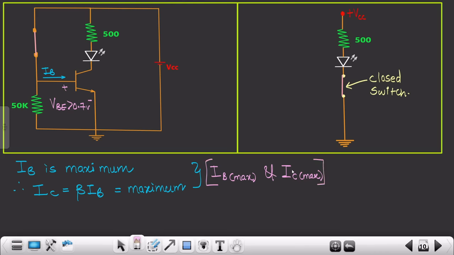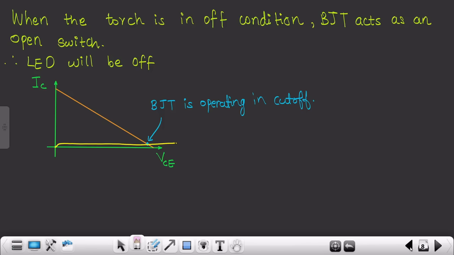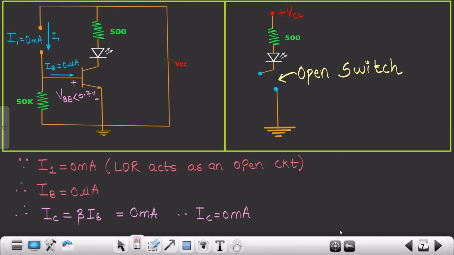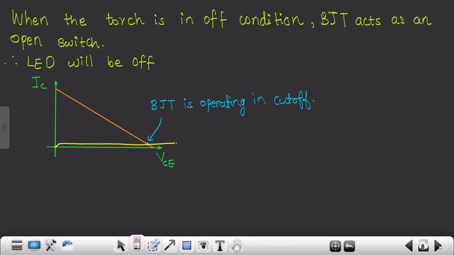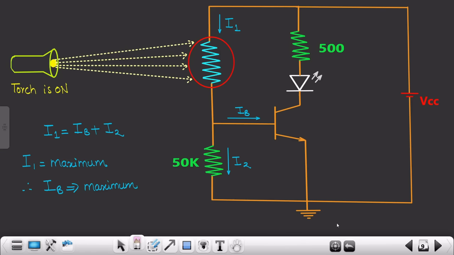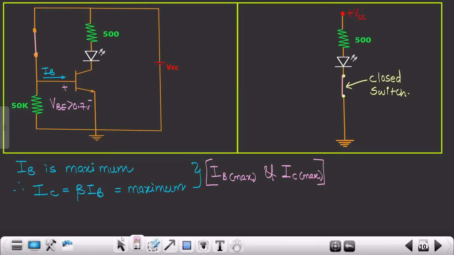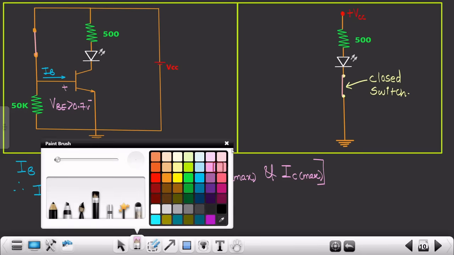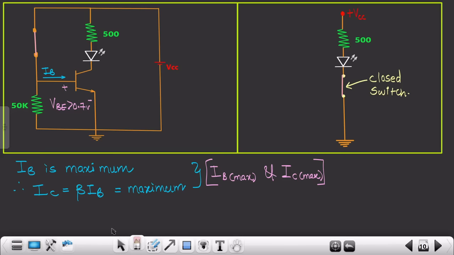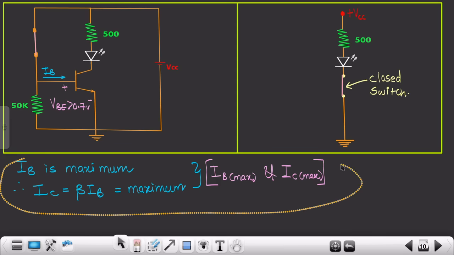Let me move further. Let me see what all points I had written over here. I just forgot to write one more point: over here your LDR is acting as a closed switch. So I will write that point over here.